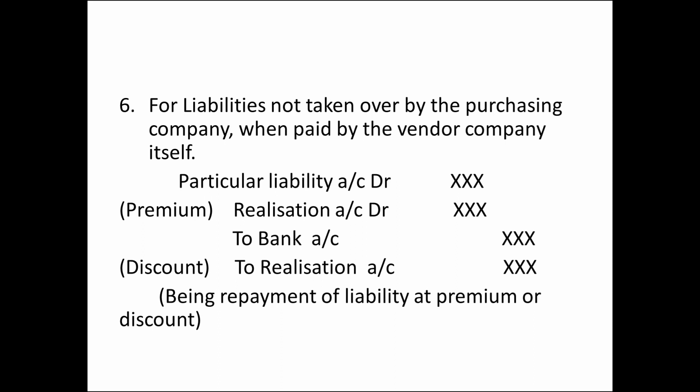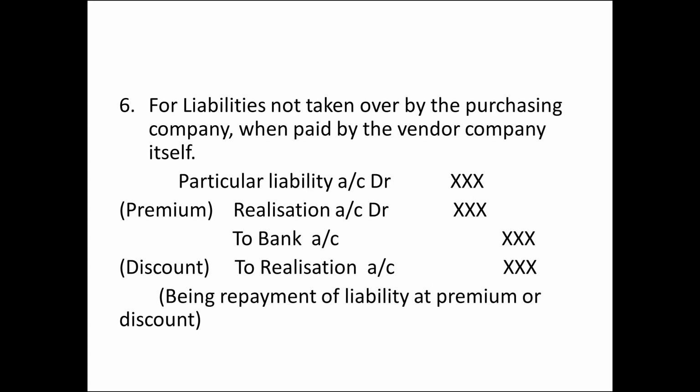It is the opposite if, instead of 2 lakh, you are paying 2 lakh 20,000. Then your entry will be particular liability account debit, realization account debit, to bank account. That 20,000 has to be posted on the debit side of realization, right? This is the case.